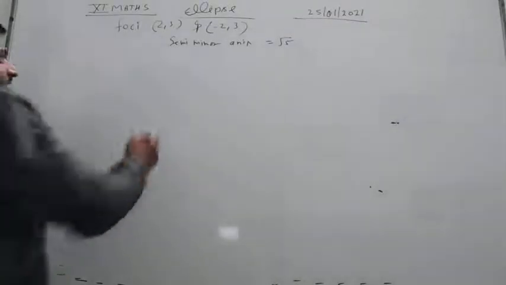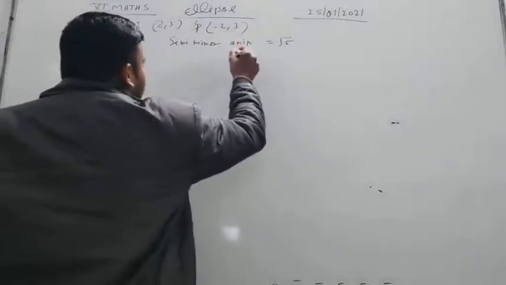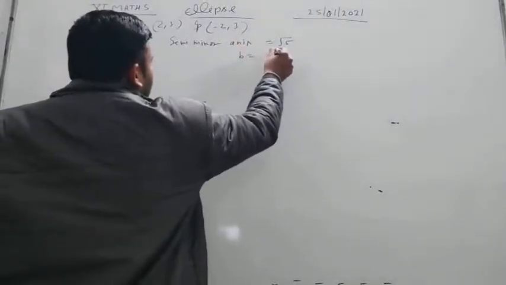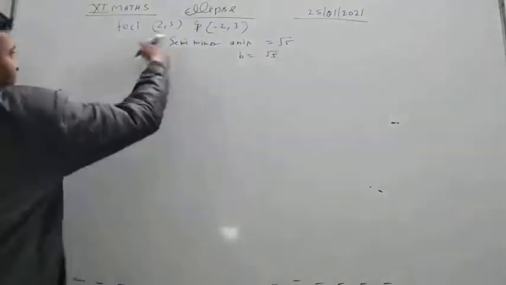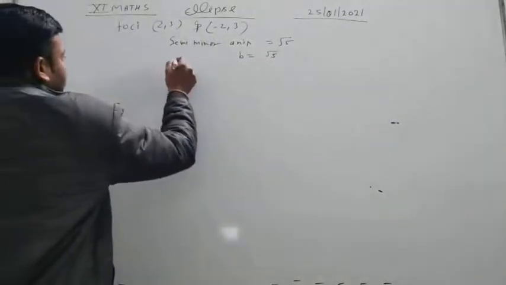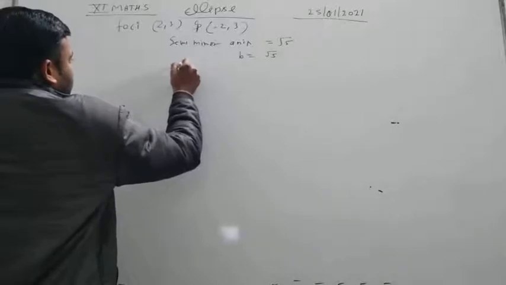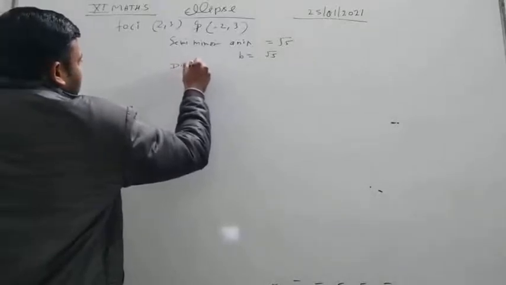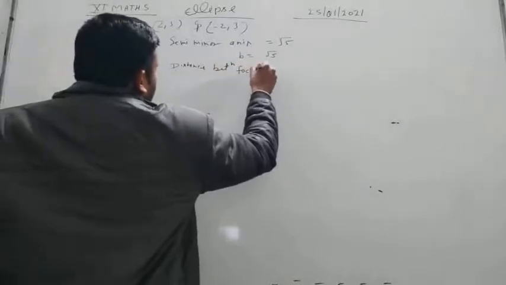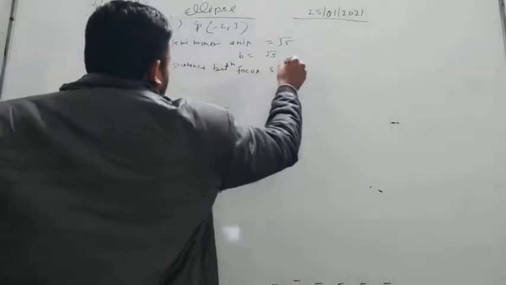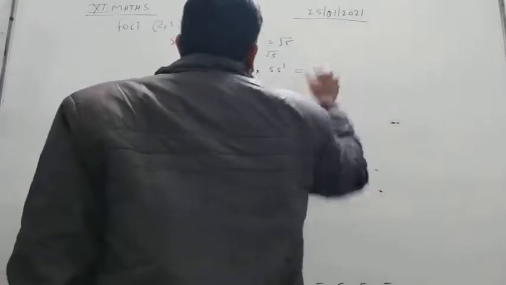Now this semi-minor axis is our B, which is root 5. The distance between the foci, SS dash, is equal to 4.